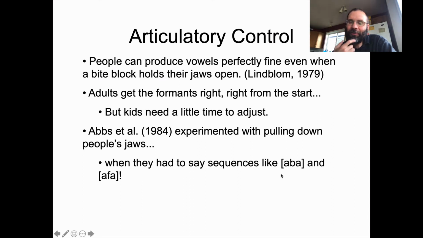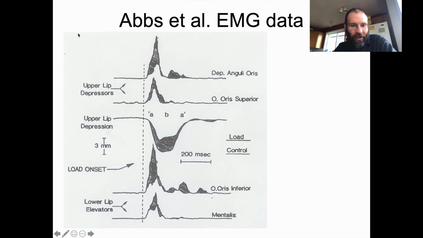All of a sudden my jaw is no longer helping out my lips to make that closure. And what happens, believe it or not, is, well, maybe the phoneticians have a good laugh, but they also learn something about how we organize speech articulations, which is that your lips, if they need to, can operate independently and get to that articulatory target without the help of the jaw, even on the fly.